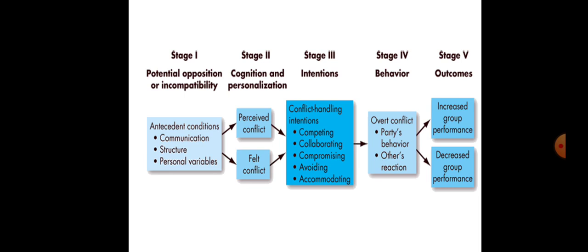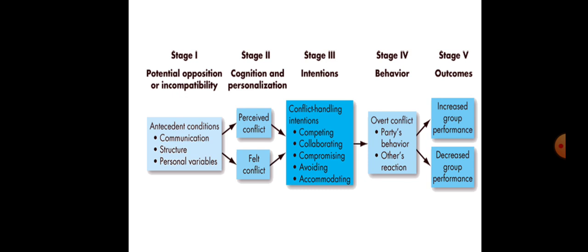Here we have 5 different stages. The first one is potential opposition or incompatibility. Usually the conditions include communication, structure, and personal variables. The second stage is cognition and personalization, meaning perceived conflict and felt conflict.